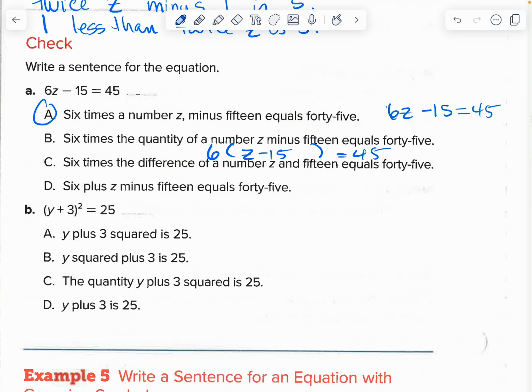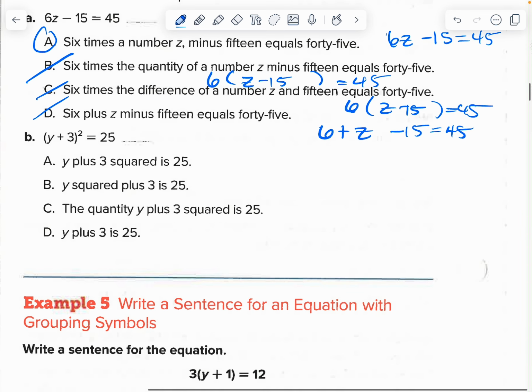Is that the same thing? Nope. Then this one says 6 times the difference z minus 15 equals 45. Nope. 6 plus z minus 15 equals 45. Nope. So none of those work.